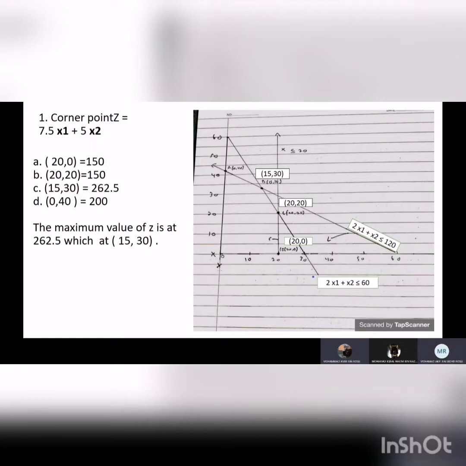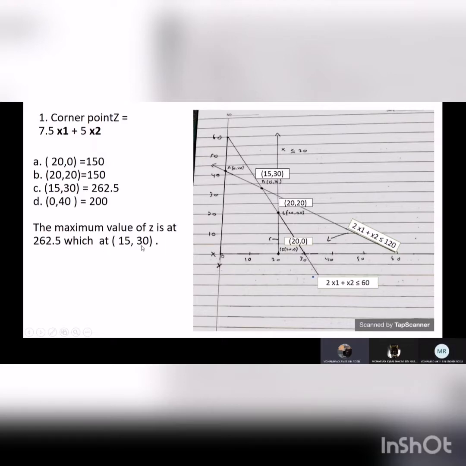Then 15 is equivalent to 262.5. 0 to 40 equal to 200. So the maximum value of Z is 262.5.